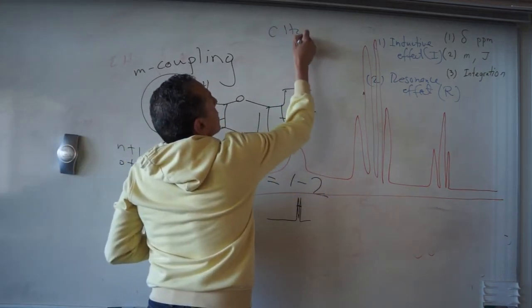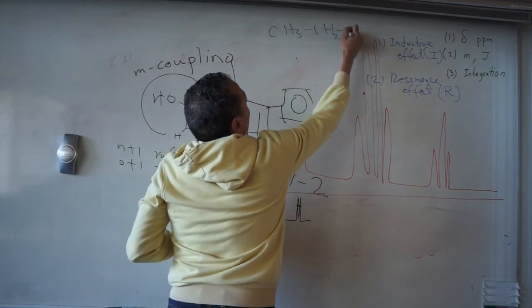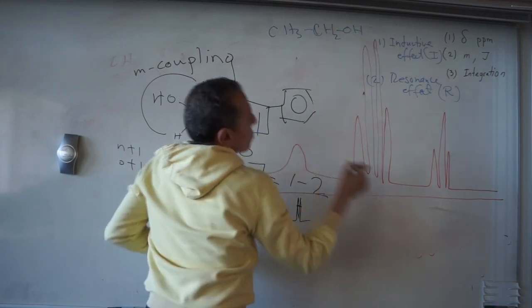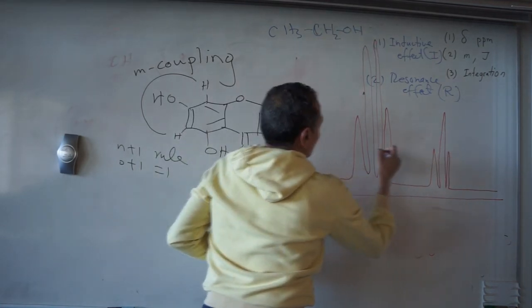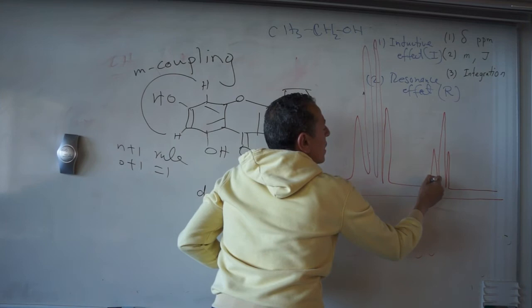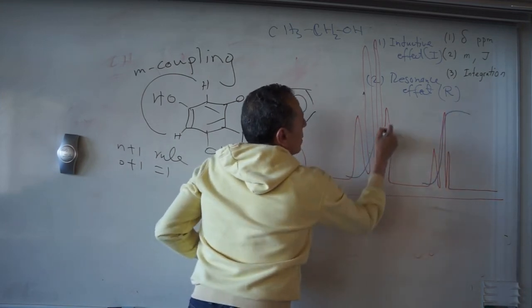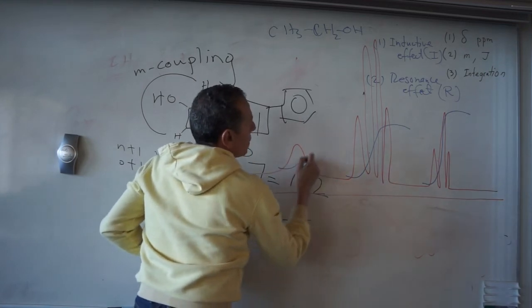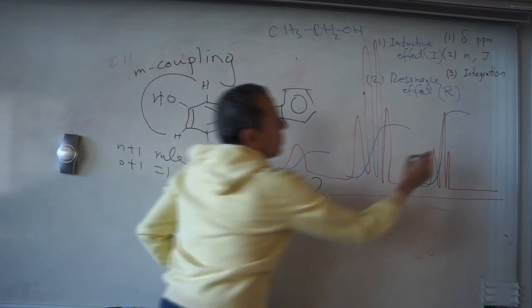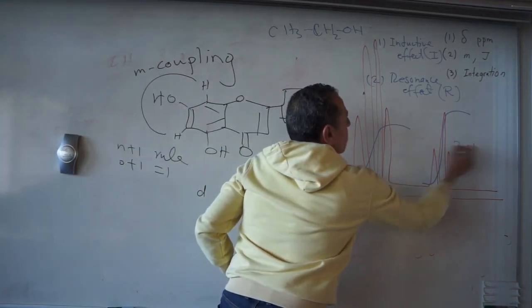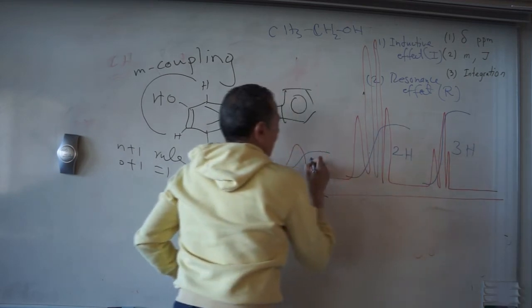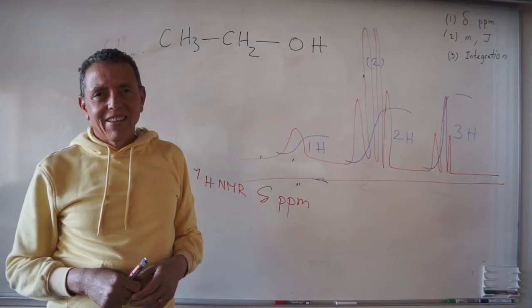So it was CH3, CH2, OH, right? So this is CH3, CH2 and OH. Then you will see the integration like that. This means that you have 3 protons, 2 protons, 1 proton.